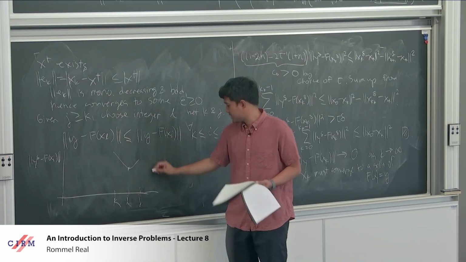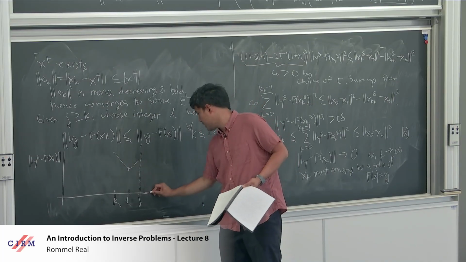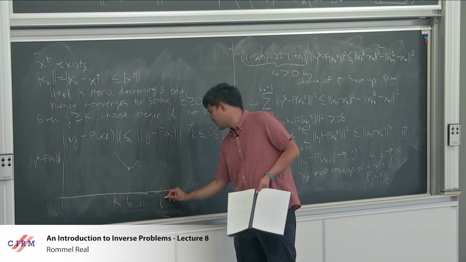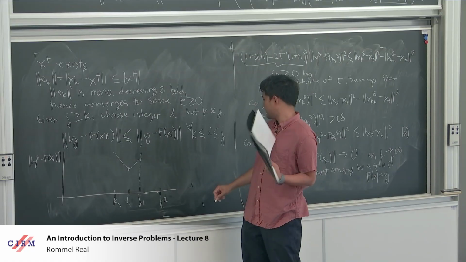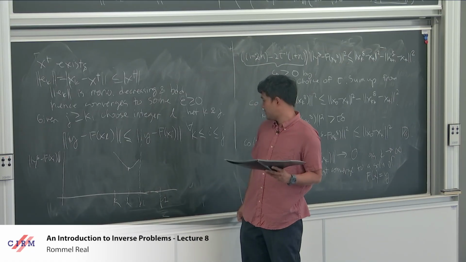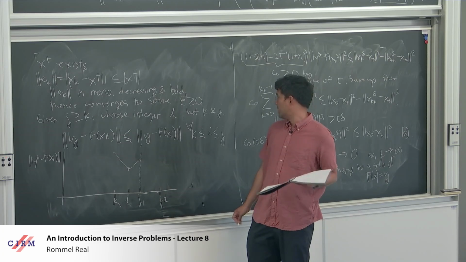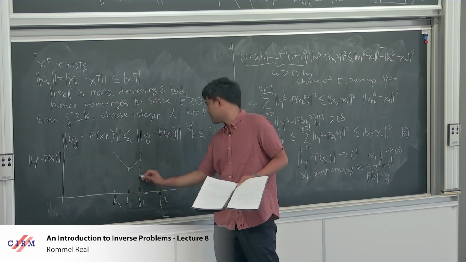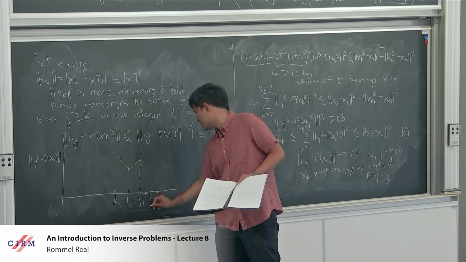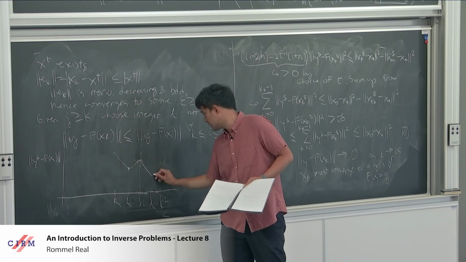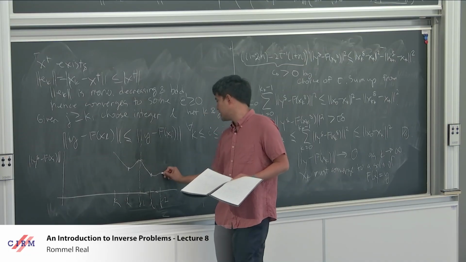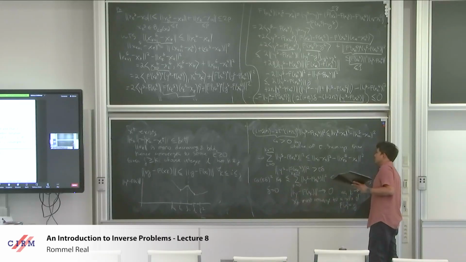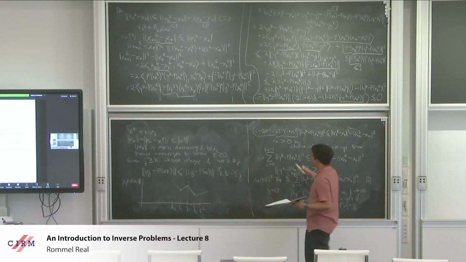And I do that for every j. For example, this is j1. For j2, I'll choose another L between k and j2 so that it's smaller here, and that is guaranteed because of the previous result that the residuals must converge to 0.